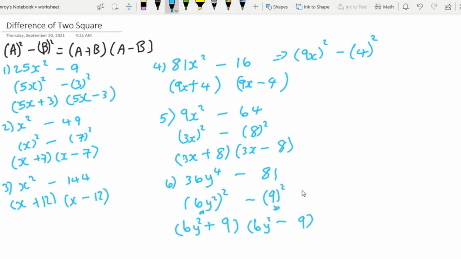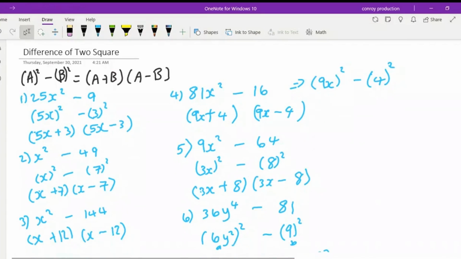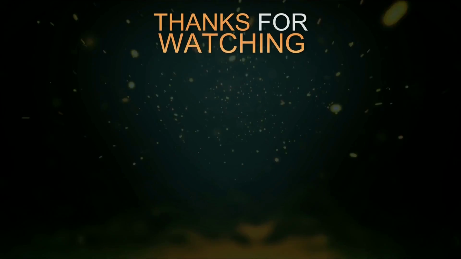We can look at any one of them and we could get back to the original expression, which is 36y to the 4 minus 81. 6y squared times 6y squared would get 36y to the 4th. 9 times 9 would give us a negative 81. Alright, and that is our example for today.